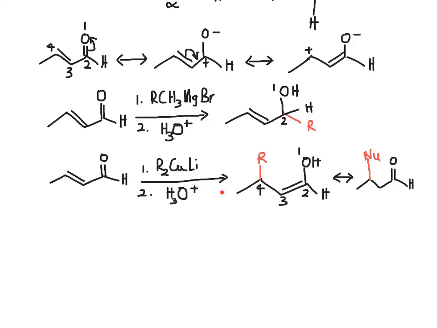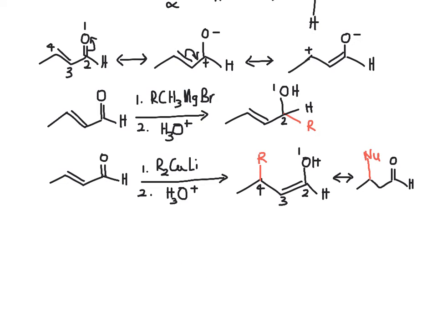Something like a Grignard reagent, which is a very reactive nucleophile, would go right to the carbonyl carbon and make an alpha-beta unsaturated alcohol. Whereas a Gilman reagent, which is also called lithium diorganocuprate, would go specifically to the beta position because it's not so reactive a nucleophile.